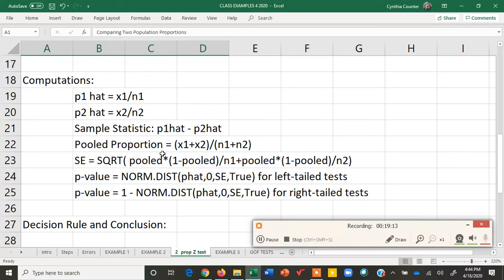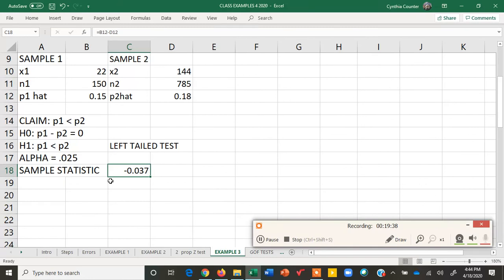So even though we're pooling our data into one single proportion that we can use in the formula because we're assuming that the populations are equal, we have to take into account that their sizes were different. So this is our standard error formula, and it uses the pooled proportion. So we need to now compute the pooled proportion. I'll just call it pooled.